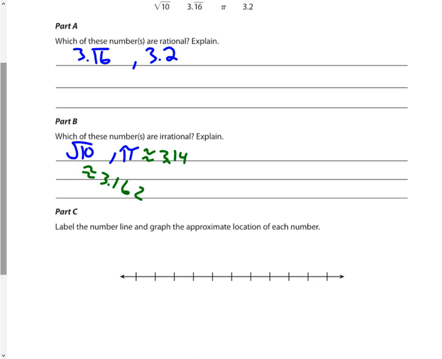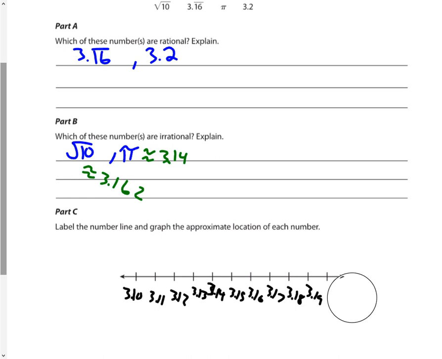So this one's tricky to do on a number line because they're all so close to each other. So I'm going to go to the hundredths place. We got 3.10, 3.11, and that'll give me, not 4.0, 3.20.